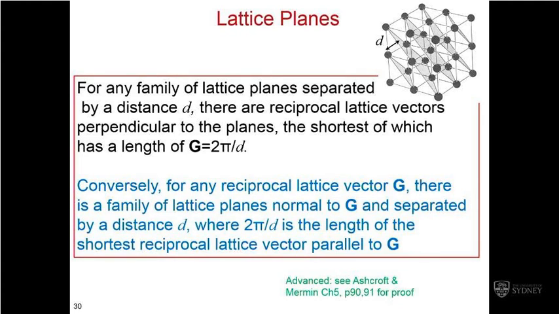So if you're in real space and you've defined some lattice planes with certain spacing, whatever that spacing d is, there will always be a reciprocal lattice vector that points perpendicular to that plane and with a length 2 pi on d.